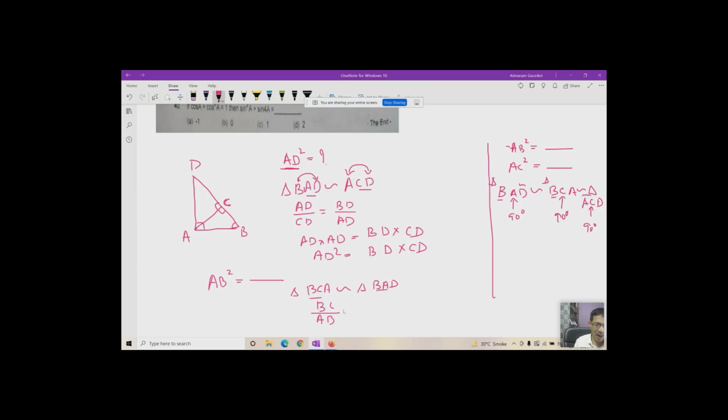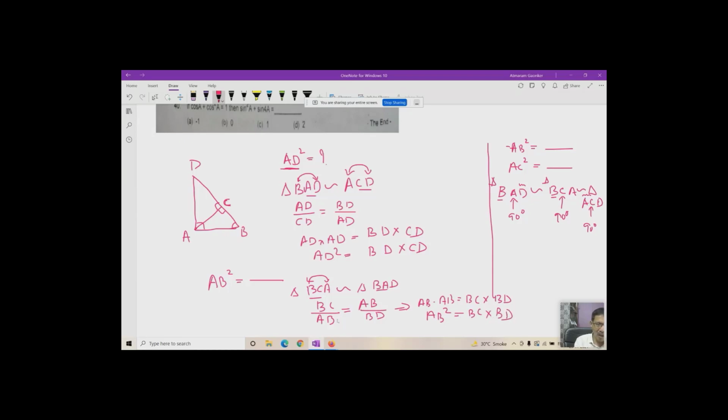BC and AB, first two letters, is equal to AB, first and third letter, divided by BD. And you cross multiply, AB into AB will be BC into BD. So AB square will be BC into BD.